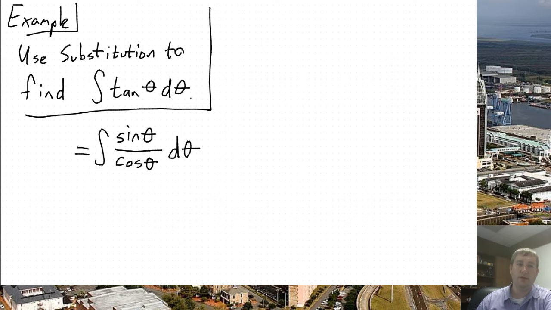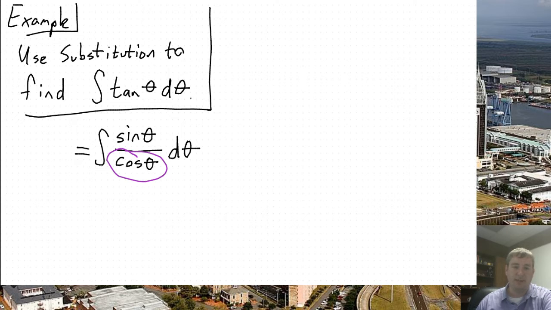A good substitution, as we've seen, is something that we know the derivative of and that is making the problem more complicated than we would like it to be. That pretty much boils down to sine or cosine. But cosine is worse than sine, because cosine is in the denominator.